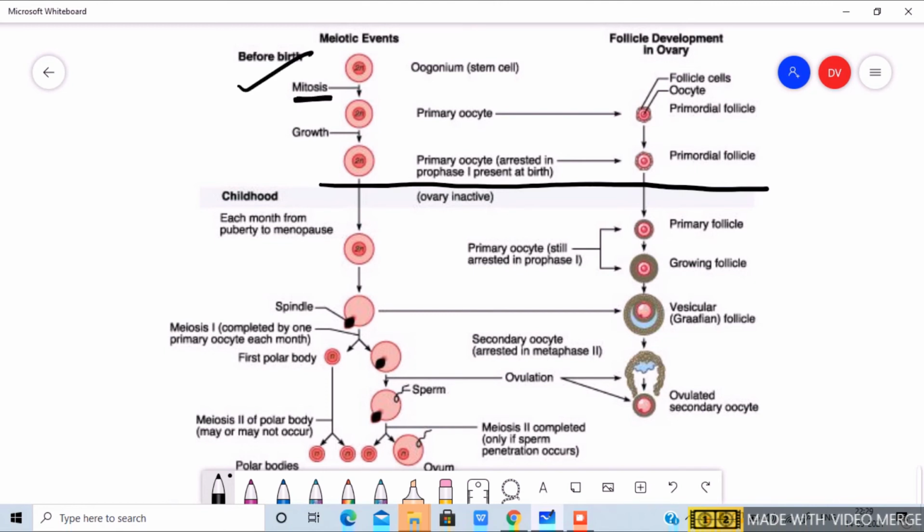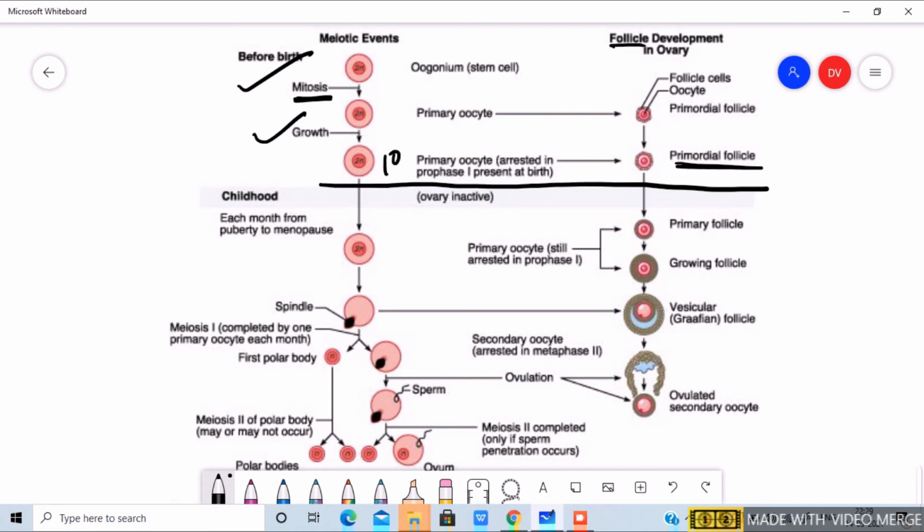Multiplication phase is completed. Then this oogonia undergoes growth, development and differentiation to form the primary oocyte. So the growth phase is also done. Simultaneously see the follicular development here: primordial follicle is there, with a few granulosa layers surrounding it.